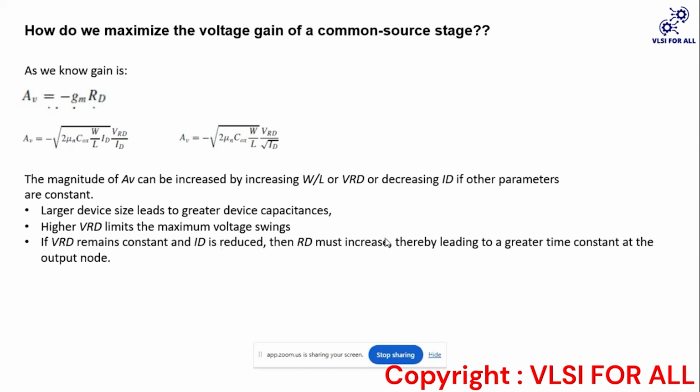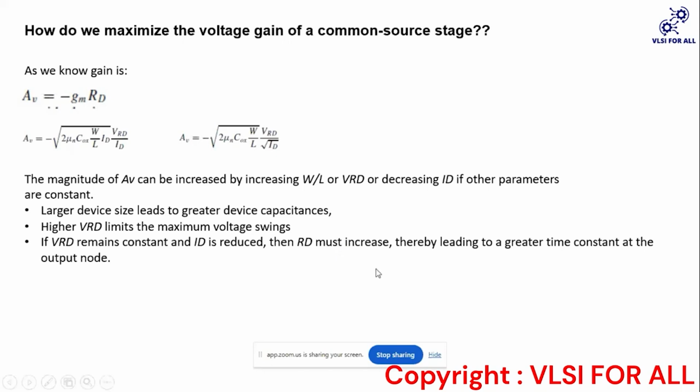So if RD is increased, our pole location will get affected. Earlier, when RD is less, the pole location will be 1 divided by RD into CL, right? When we increase the RD, the pole becomes more dominant and moves nearer to lower frequency, right?